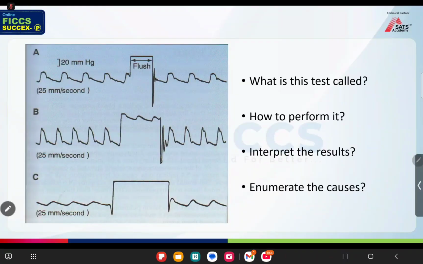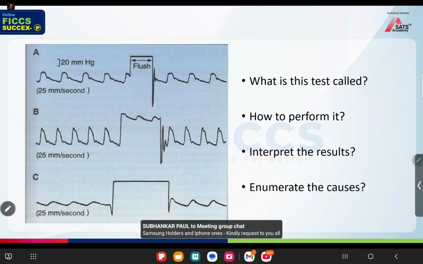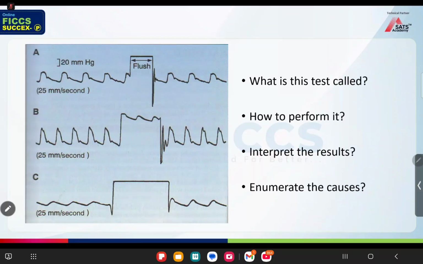The overdamping waveform can be an air bubble inside the tube or an over compliant tubing. So you're saying over compliant tube. For underdamping you can mention about the tubing. Stiff tubing. Yes, stiff tubing.